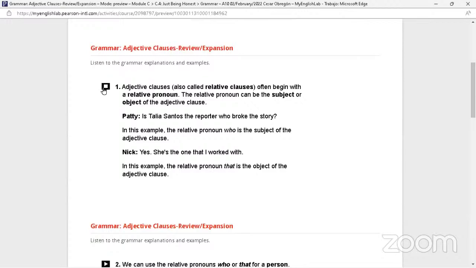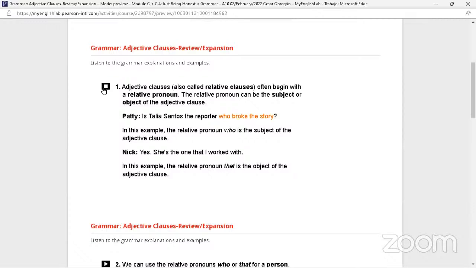Adjective clauses, also called relative clauses, often begin with a relative pronoun. The relative pronoun can be the subject or object of the adjective clause. Is Talia Santos the reporter who broke the story? In this example, the relative pronoun who is the subject of the adjective clause.